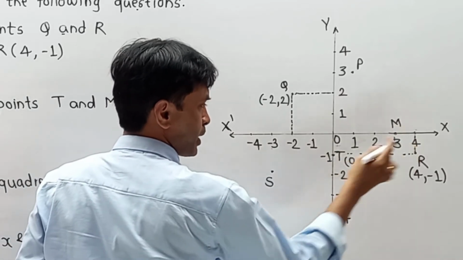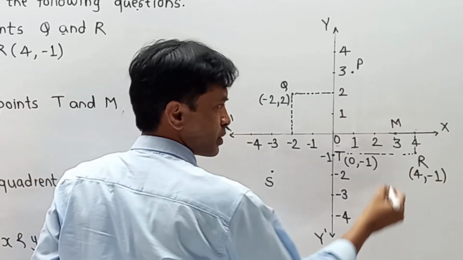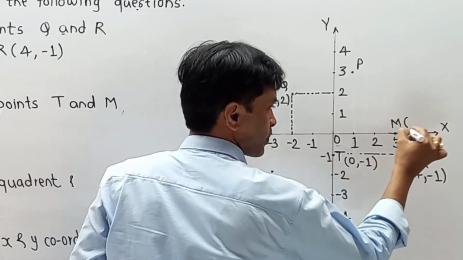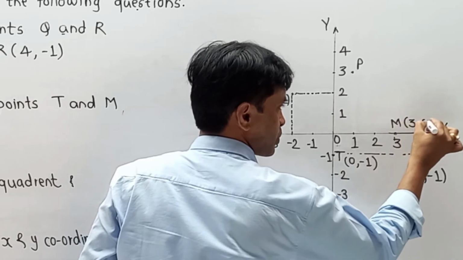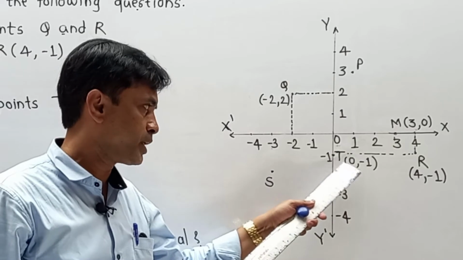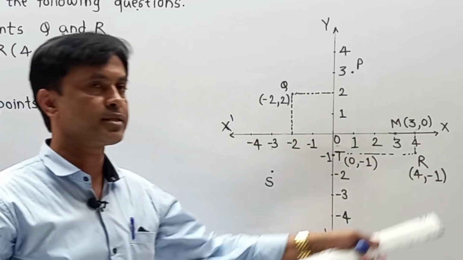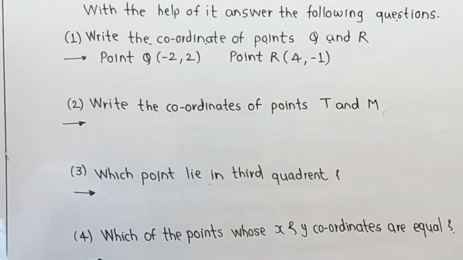Coming to point M, this point M is on the x-axis, automatically its y coordinate is 0. So M is having a coordinate 3 and its y coordinate is 0. In this way we get the coordinate of T, that is 0, minus 1, and for M it is 3, 0. Writing that over here.